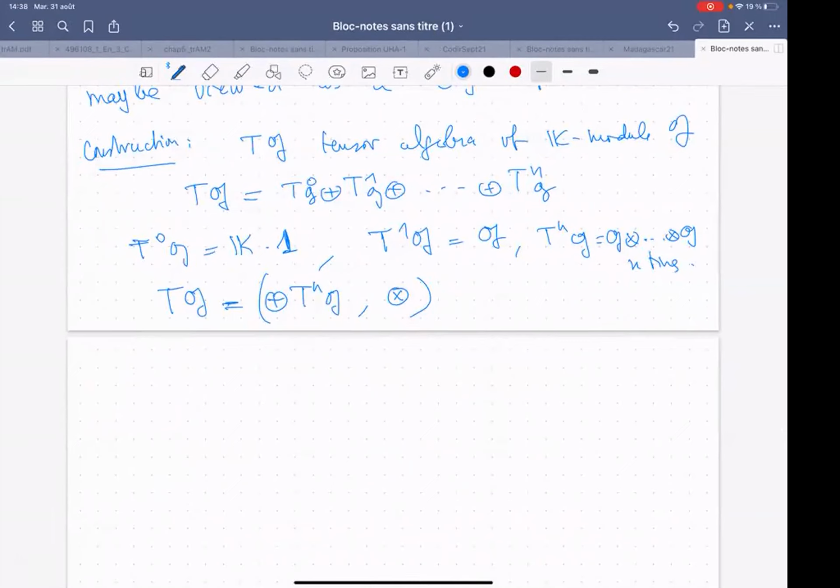And now, how to construct this correspondence with Lie algebra? Of course, this is not using at all for the moment the Lie algebra. In fact, we have to take a quotient of this in order to get our enveloping algebra.